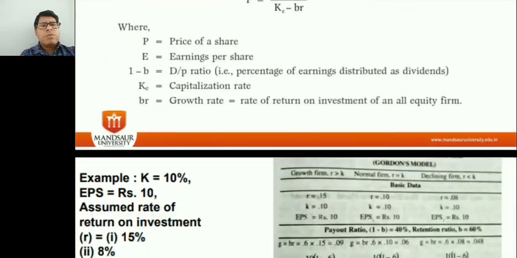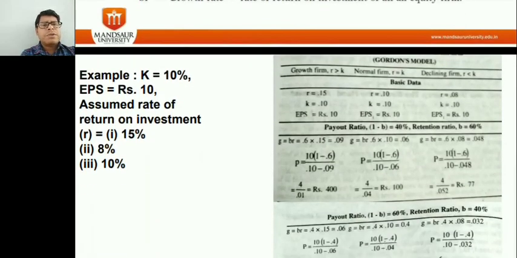Now we take an example, the same example which we used earlier, here in the Gordon model. You can see that there are again three categories of firms: growth, normal, and declining firms. What we have to do in this is identify the payout ratio.